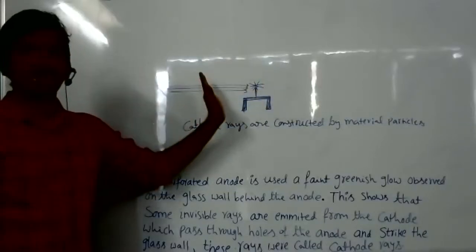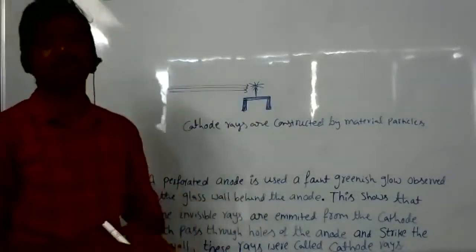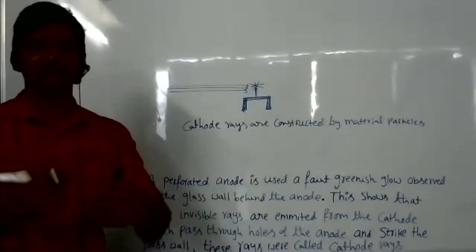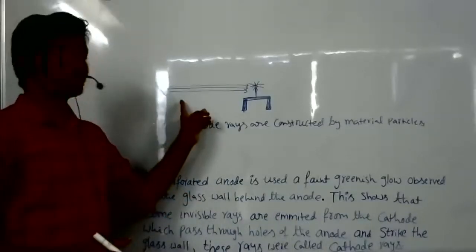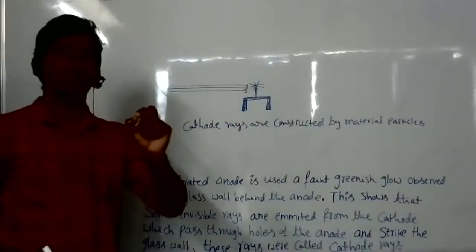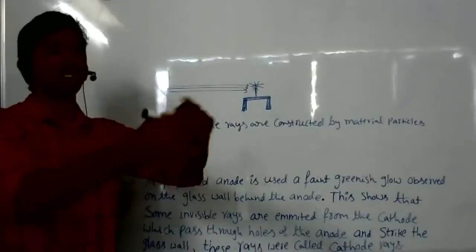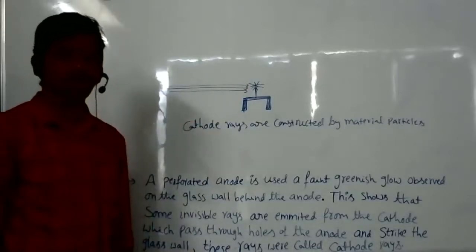But when light is passed, it won't. This means light does not have any strong particle to rotate that wheel. But cathode rays can rotate this wheel. This indicates cathode rays have some very small particles. When those particles strike the wings of the wheel, it starts rotating. Okay, next point.